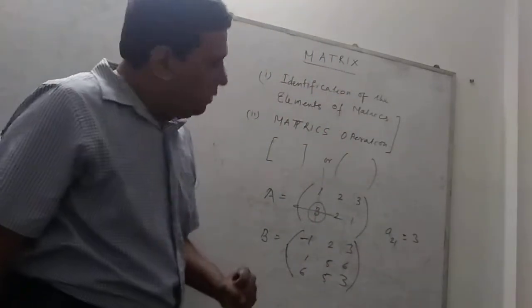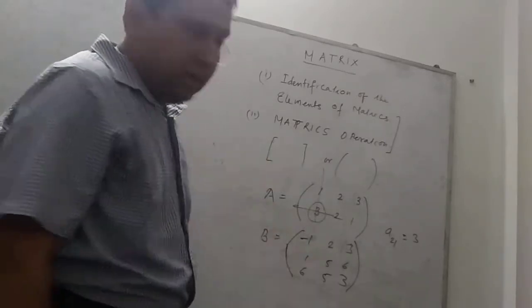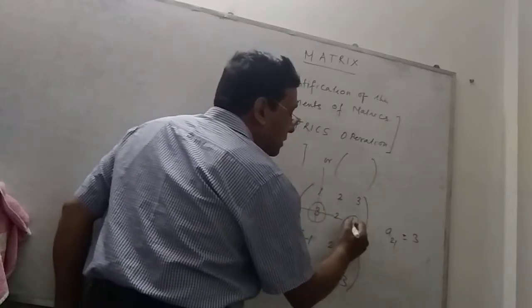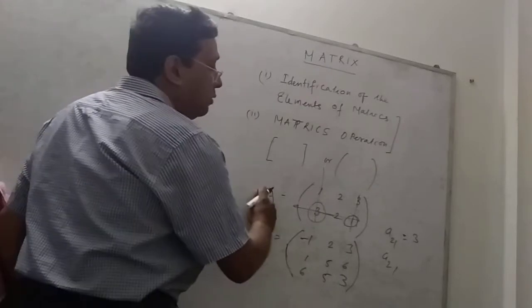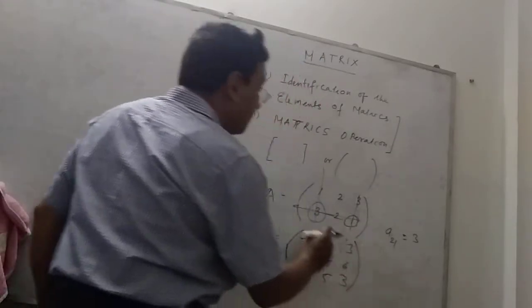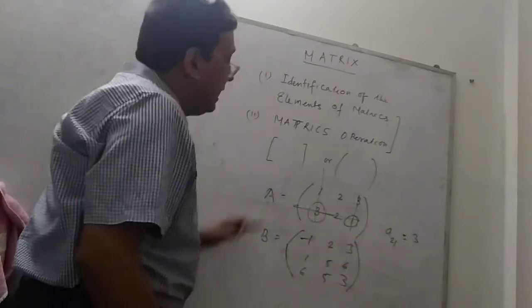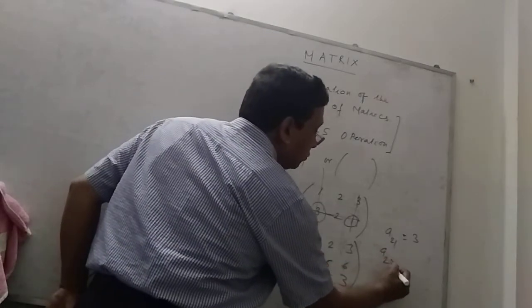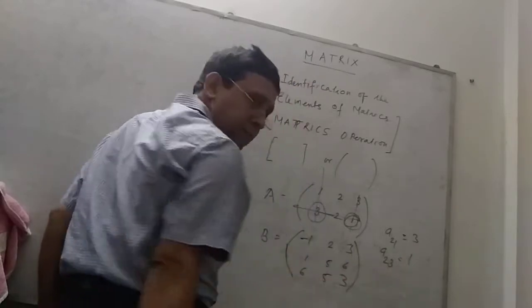If I say A23, that is second row and third column, and that is nothing but 1.